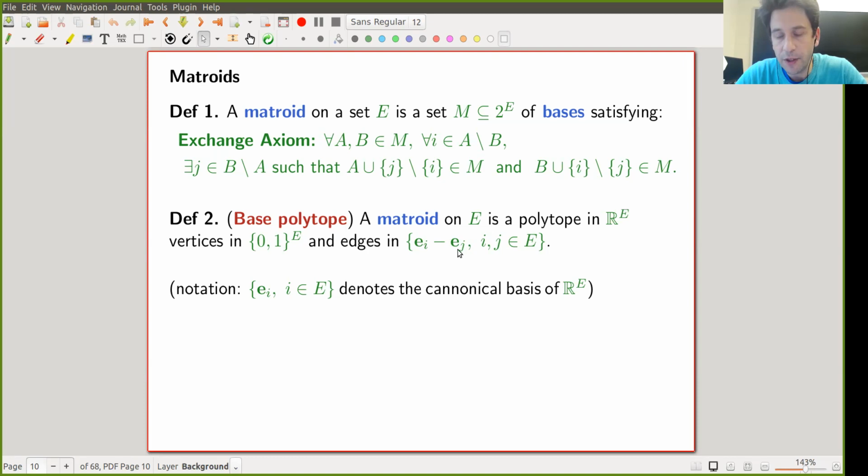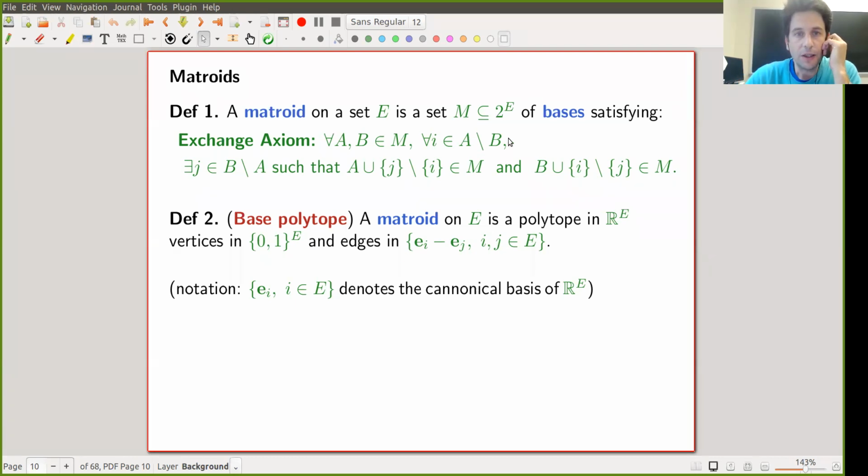Here e_i means the elements of the canonical basis. So e_i is the point with coordinates 0, 0, 0, and 1 in the ith coordinate.